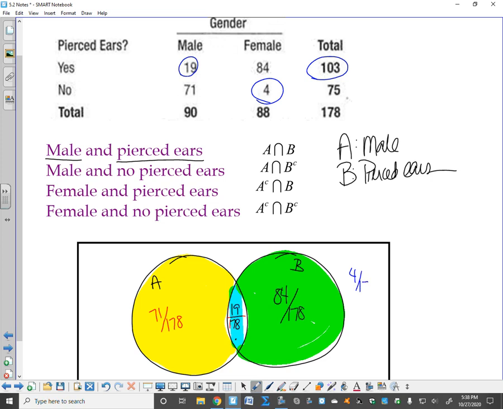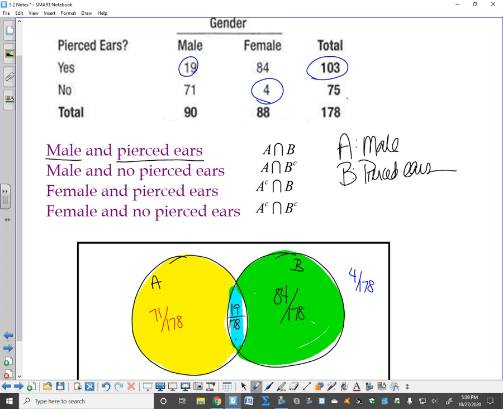And they live out here, in the box outside the bubbles. They take up all that space. 4 out of 178. So there's your Venn diagram. So that would be part A of an FRQ.